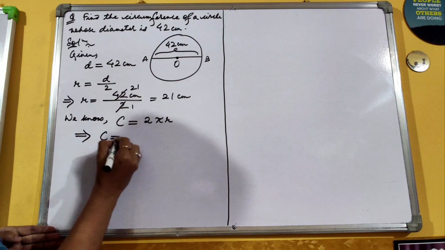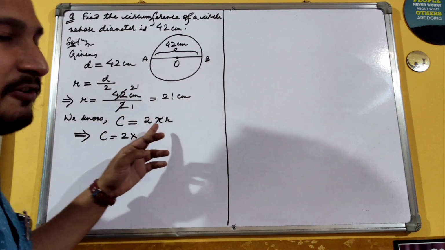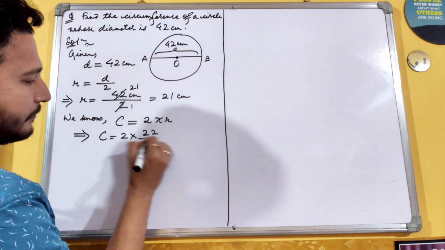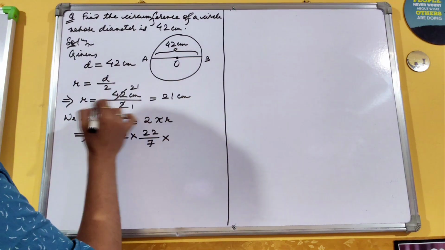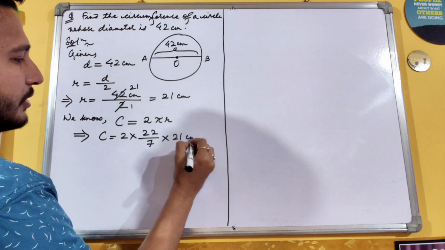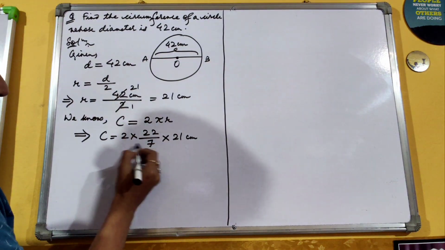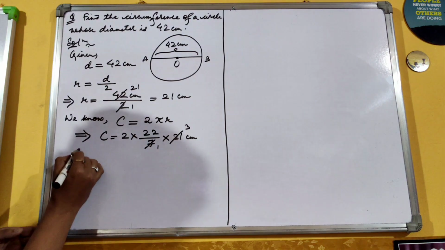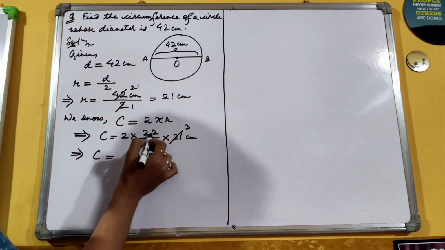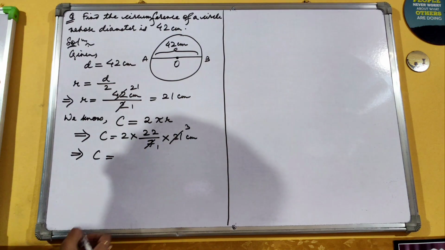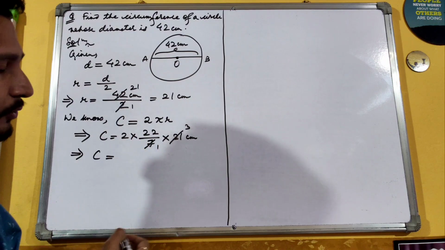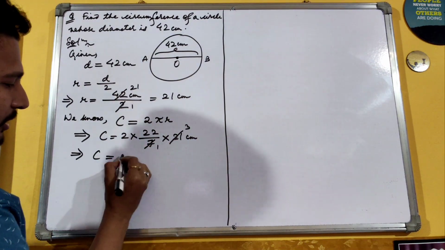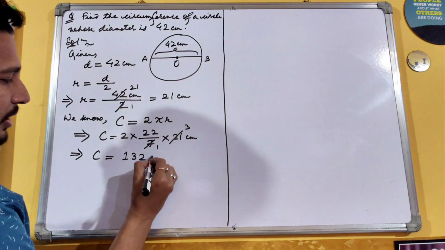Let's find C. 2 into, what's the value of pi? We know the value of pi is 22 by 7. What's the value of radius? It's 21 centimeter. Let's cancel it out. 7 into 3 is 21. So 22 into 2 into 3. 22 into 2 will give you 44. 44 into 3 will give you 132 centimeter.